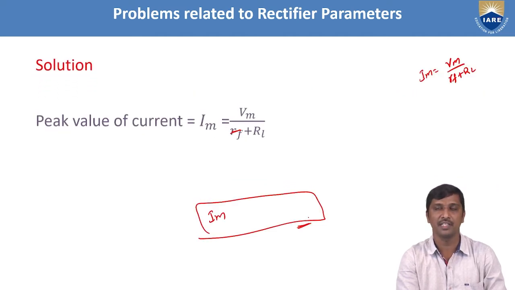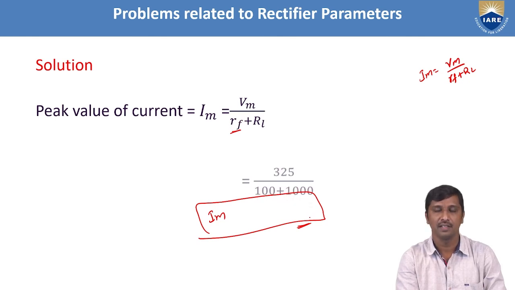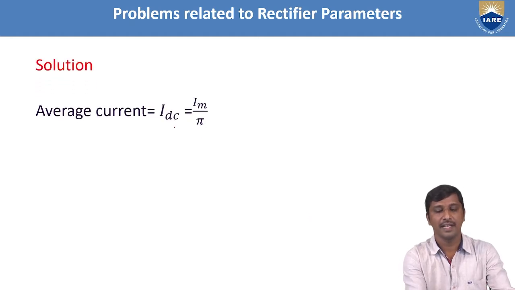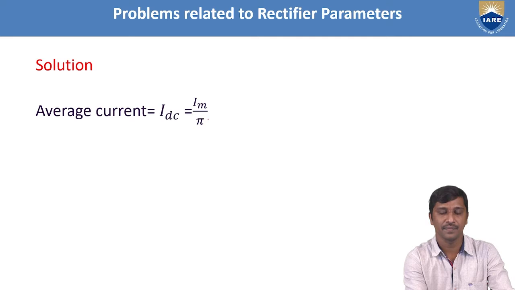We know that the DC current is represented as IDC equals IM by pi, where IM is the peak current we just observed. We need to substitute this peak current and the pi value, and with respect to this ratio we identify the average current. This average current is also called the DC current.